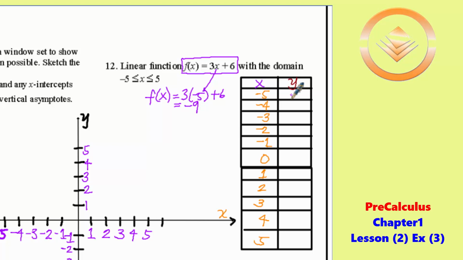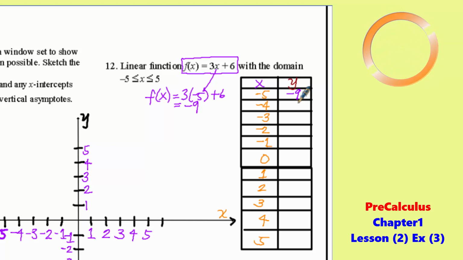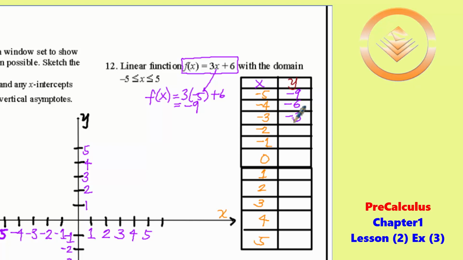Now if x is equal to negative 4, that's negative 12 plus 6, so that's negative 6. If x is negative 3, you have negative 9 plus 6, that's negative 3. If you observe, your range is decreasing by a common difference of 3.